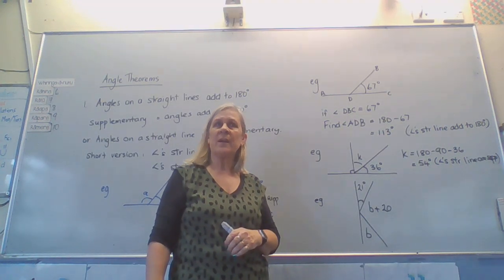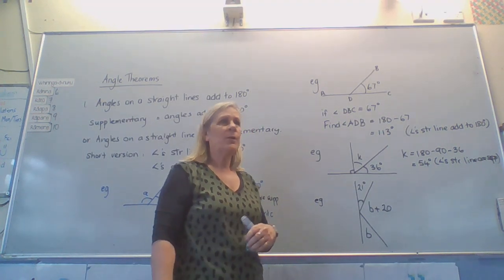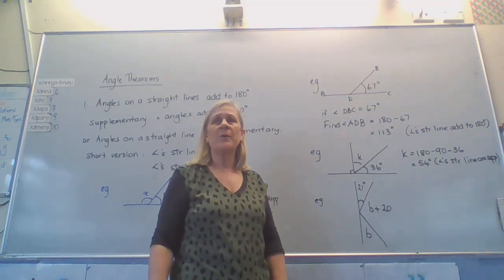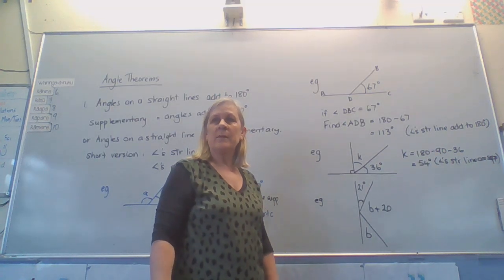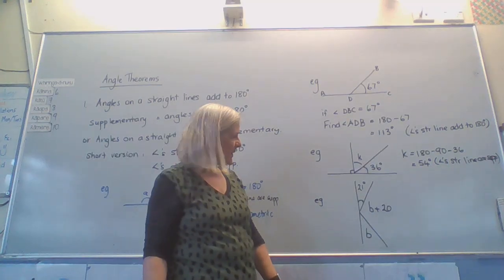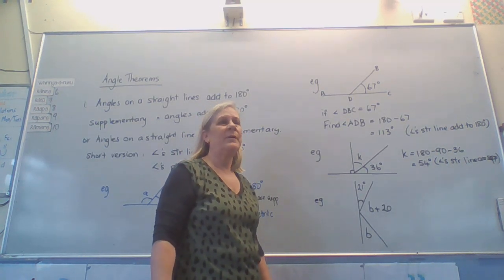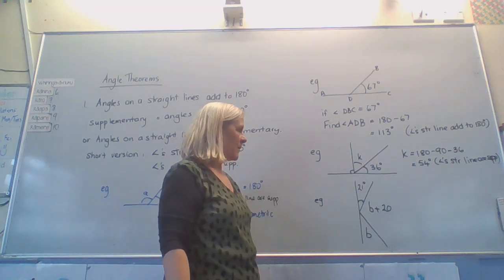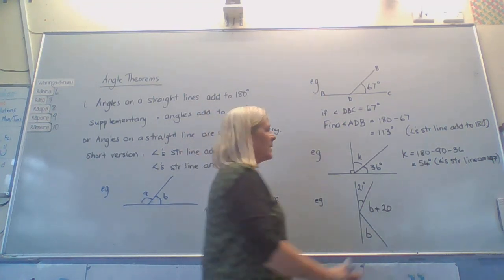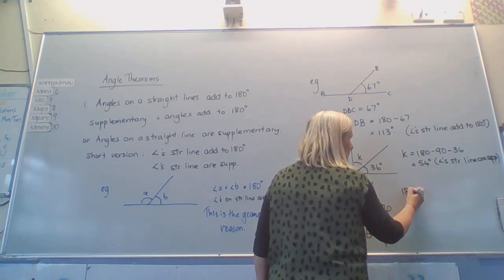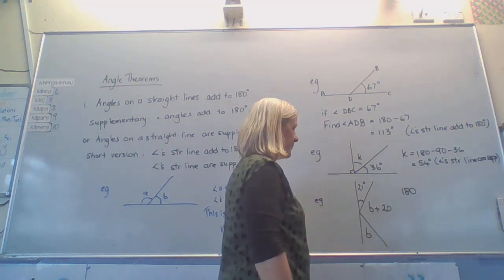How am I going to do that? William? 69. No, I don't want to know what it is. I want to know how I'm going to do it. Tell me how I'm going to do it. Okay? Start off with 180 for the straight line. Then take off the 21 degrees.